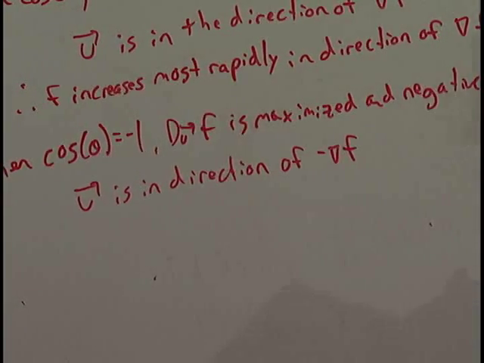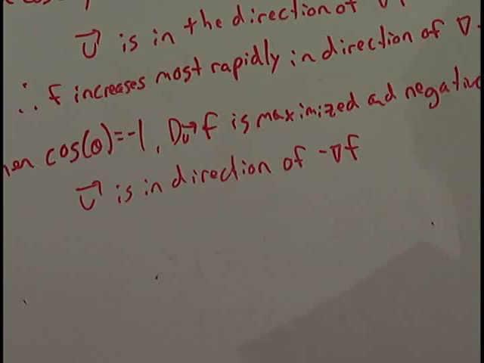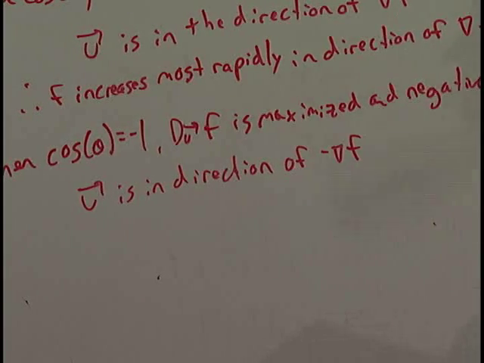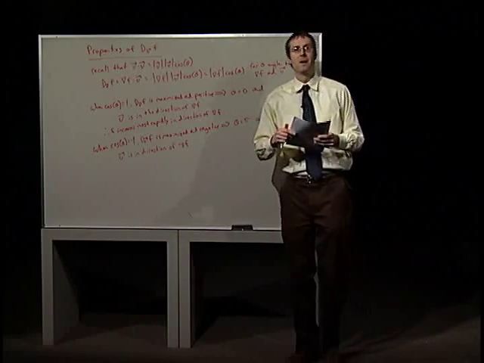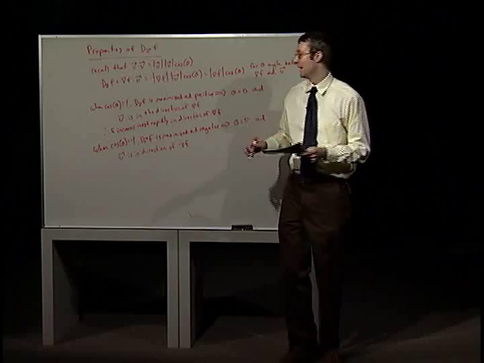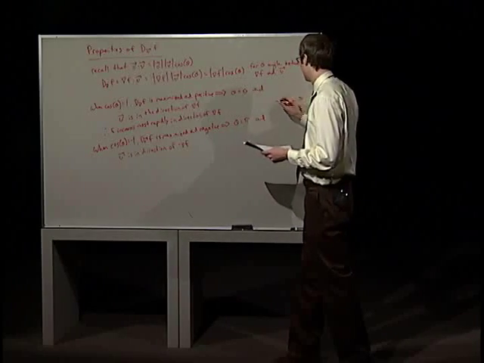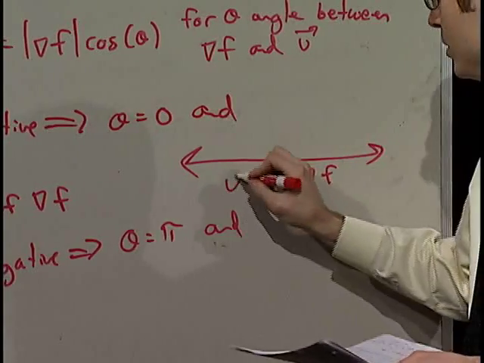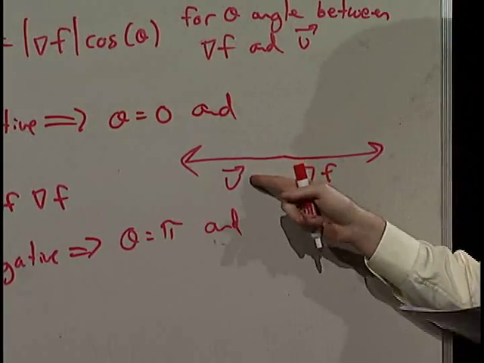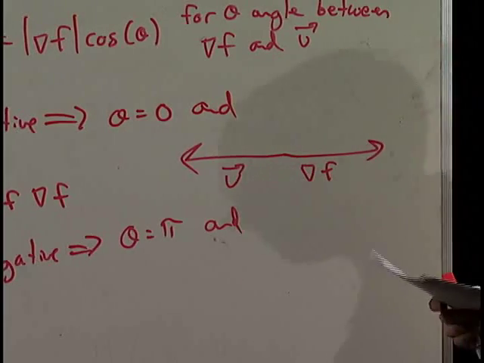Theta being pi implies that the angles lie on opposite sides of the circle. So grad f goes like that, and u goes like that. And this is certainly the direction of negative grad f, right?